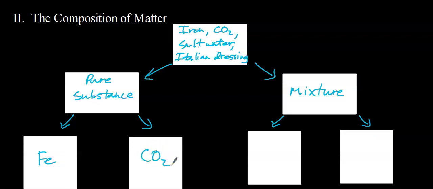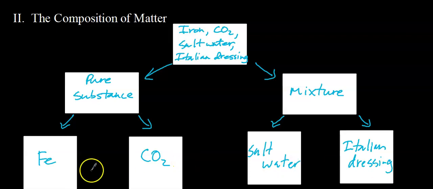So iron is an element, carbon dioxide is a compound. Salt water is a homogeneous mixture, and Italian dressing is a heterogeneous mixture.